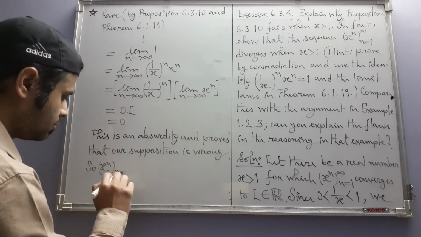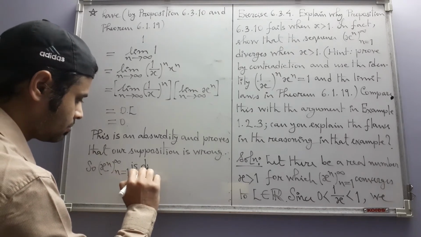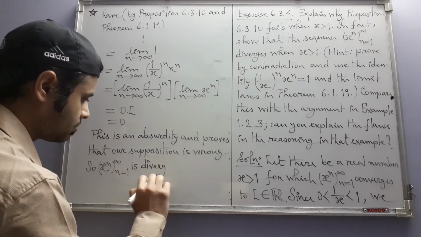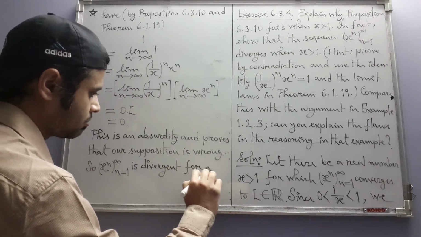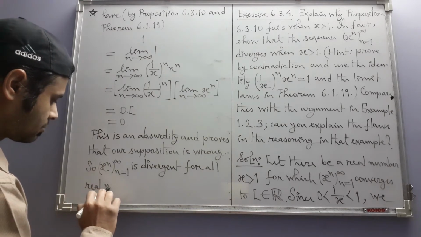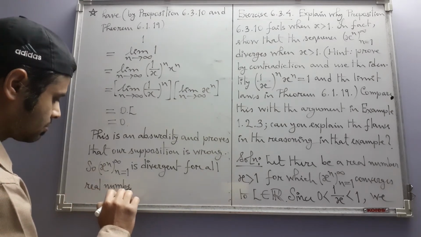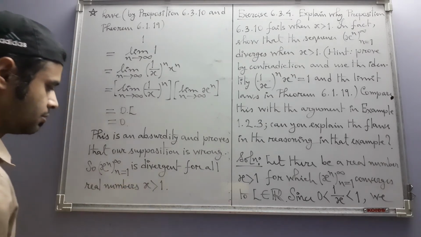So this is divergent for all real numbers x greater than 1.